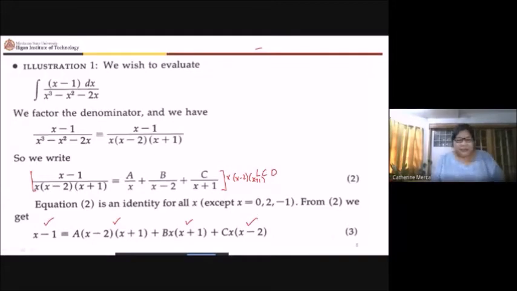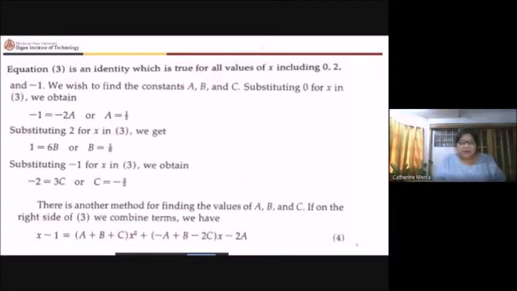Now what happens? Because this one is already a value which has no denominator, then this will be true for values x equal to 0, 2, and negative 1. And because of that, you can actually simplify. Okay? So the identity is now true for all values of x, including now 0, 2, and negative 1.